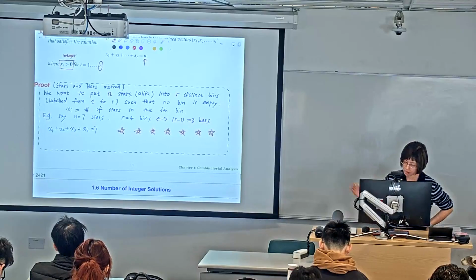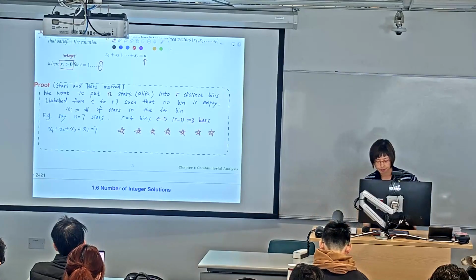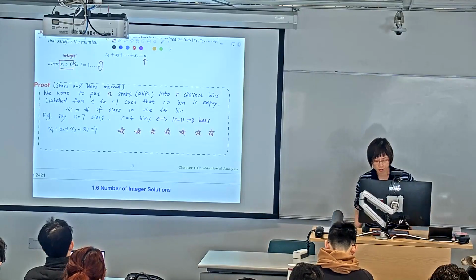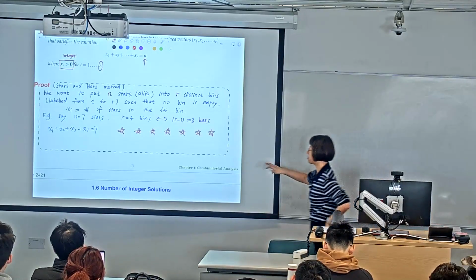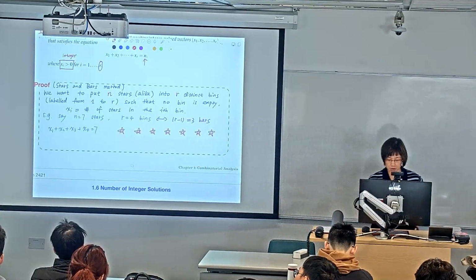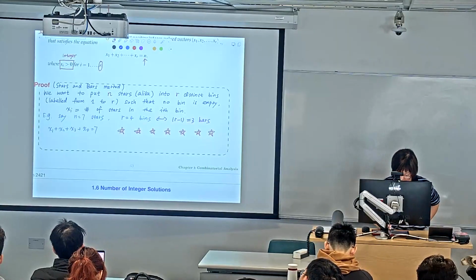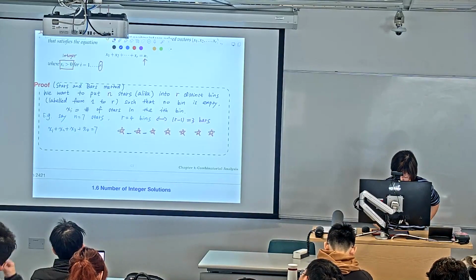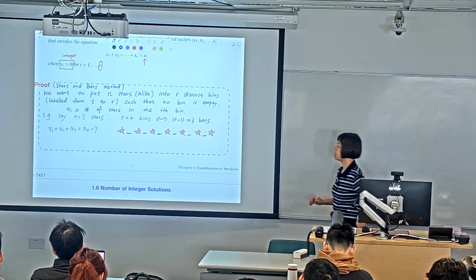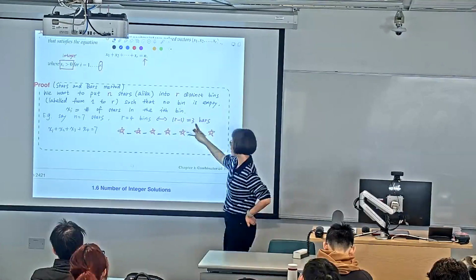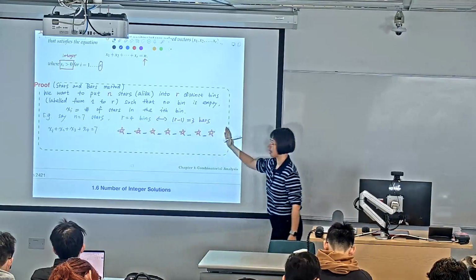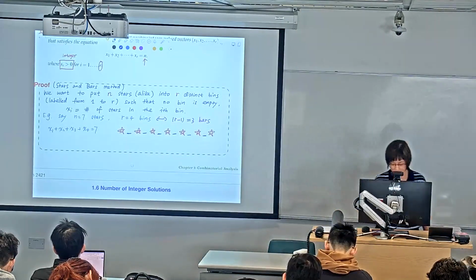Then we separate them into 4 bins so that no bin is empty. Here we put 3 bars to separate them. You can put a bar into the slots among the stars. Because a bin cannot be empty, you cannot put a bar at the front or at the end, otherwise it would be empty.